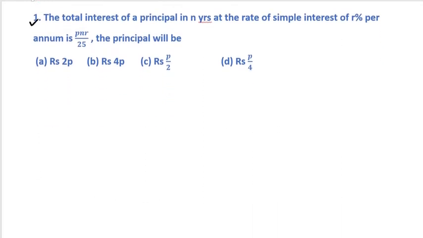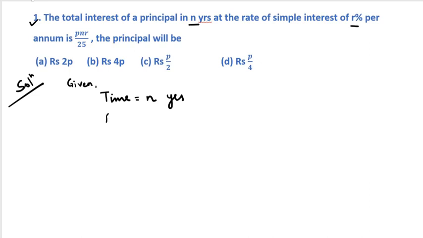Alright. So the first condition is, what is given? The total interest of a principal in n years. Okay, so time is given to you, n years, at the rate of simple interest of r%.